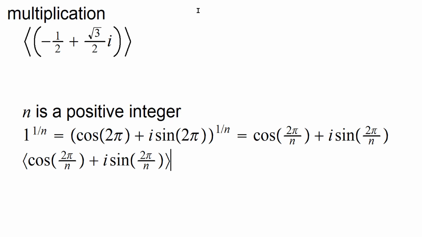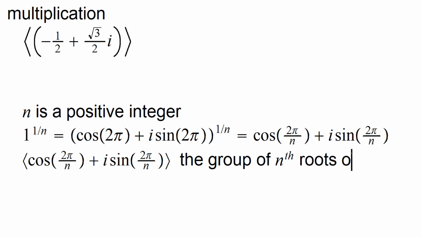You may call it the group of nth roots of unity. I'm not going to be mentioning multiplication again and again, because from now on we shall just try to recognize it when it's a sum or when it's a product.